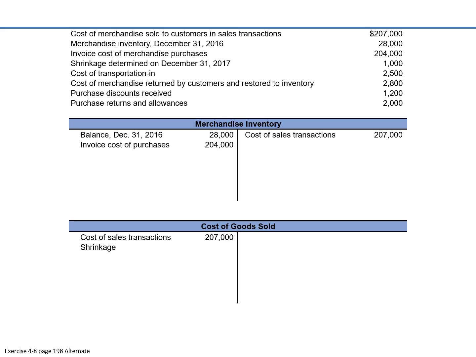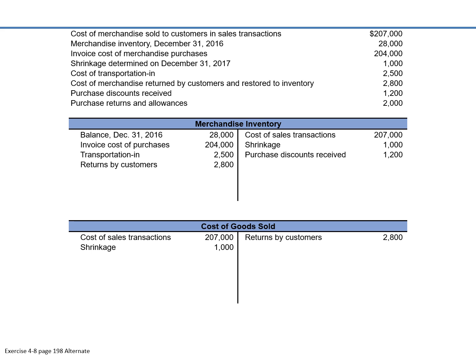Then shrinkage increases our cost of goods sold and reduces our inventory. Cost of transportation in increases our inventory. Cost of merchandise returned by customers increases our inventory and decreases our cost of goods sold. Purchase discounts received decreases our merchandise inventory.